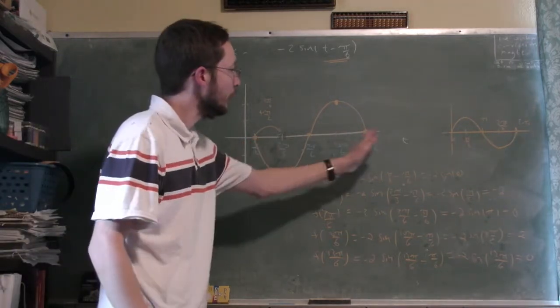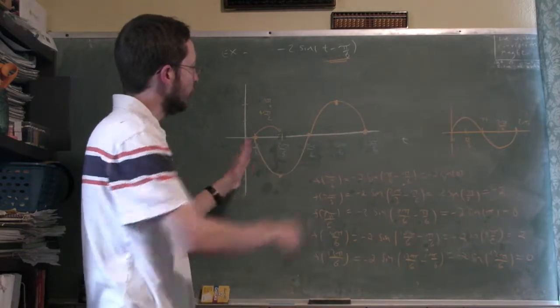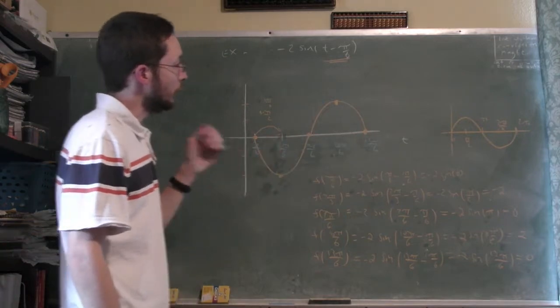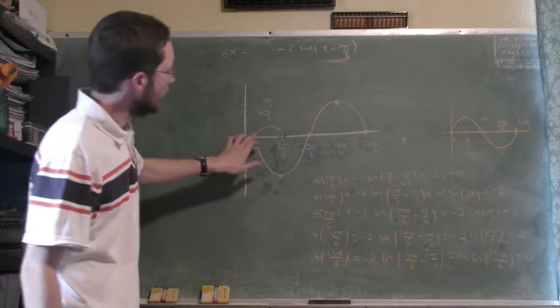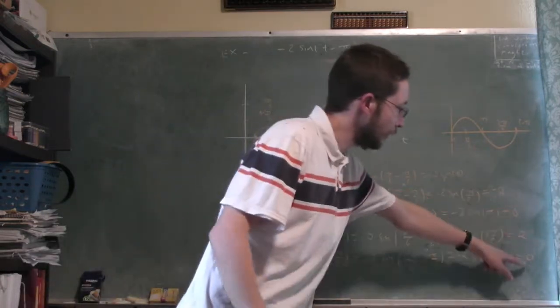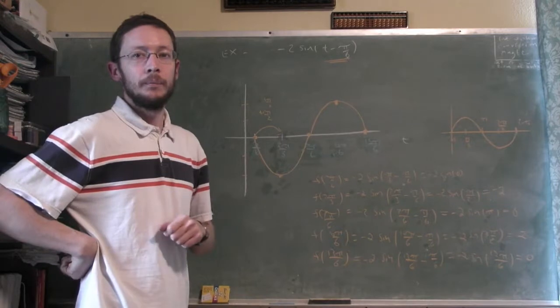So here's one period. You divide that so you know exactly where those key points are going to happen. Then you just plug them into the function, and that gives you those values. You plot those values and just connect the dots, right?